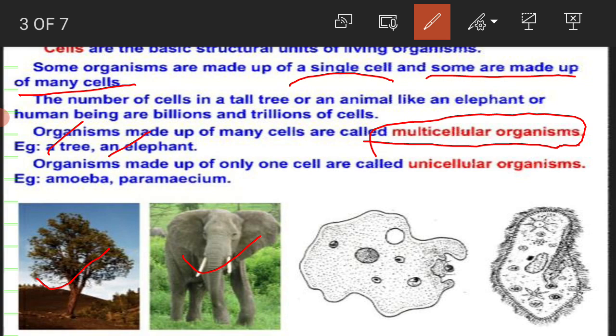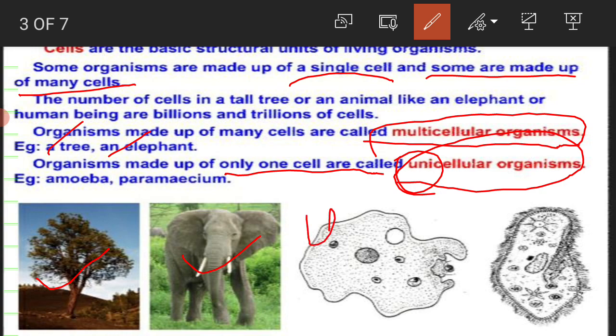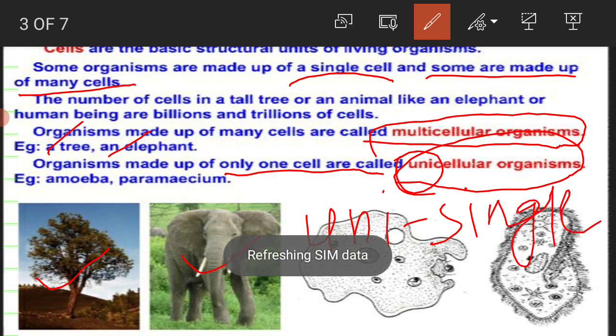And next, organisms which are made up of only one cell are called unicellular organisms. Uni means single. So unicellular organisms are made up of a single cell, and multicellular organisms are made up of many cells. So these are the types of organisms on the basis of number of cells.